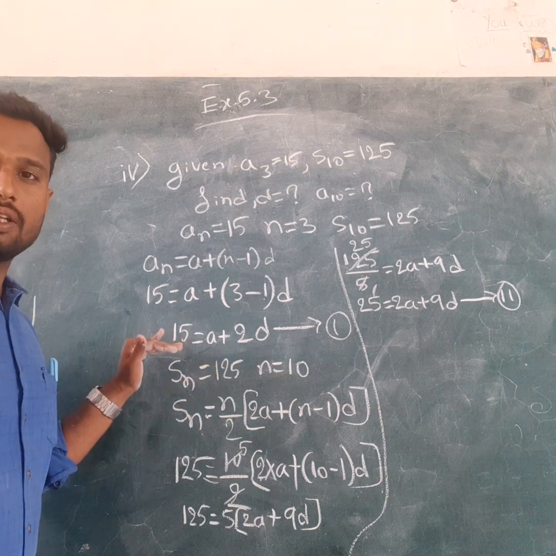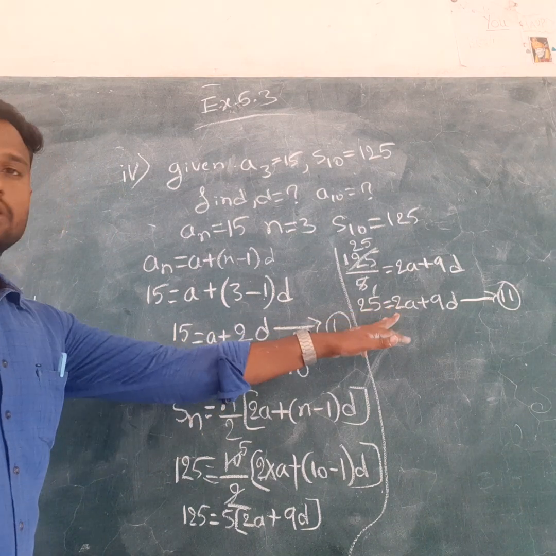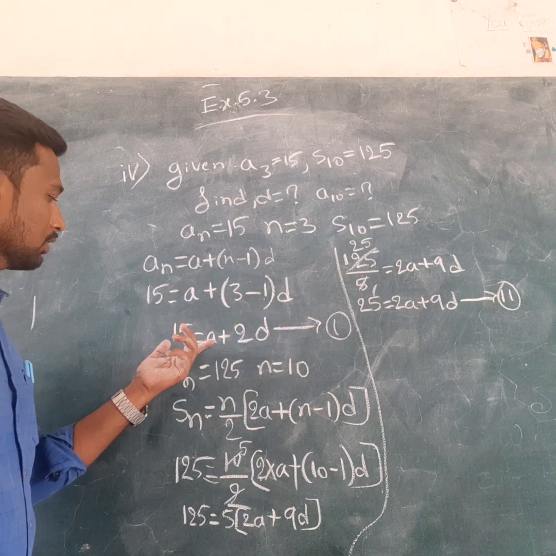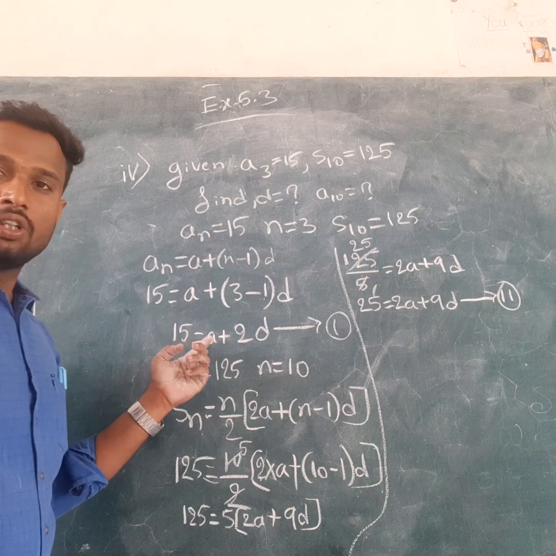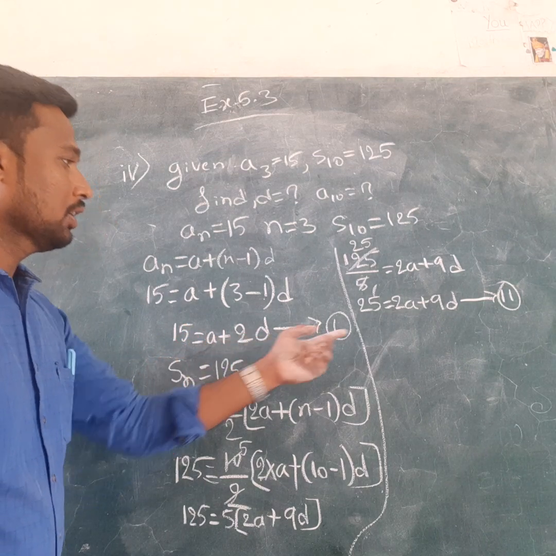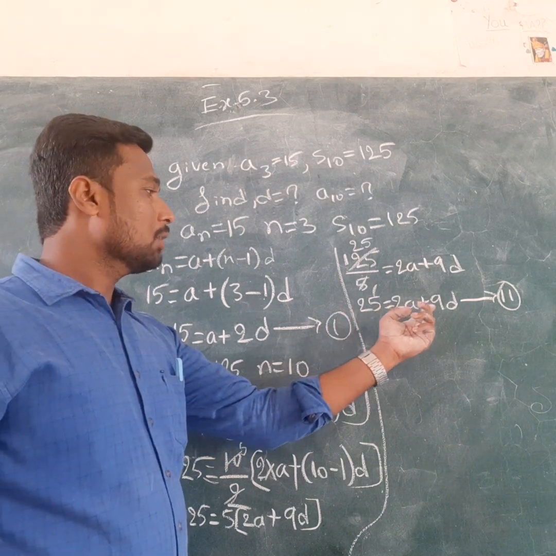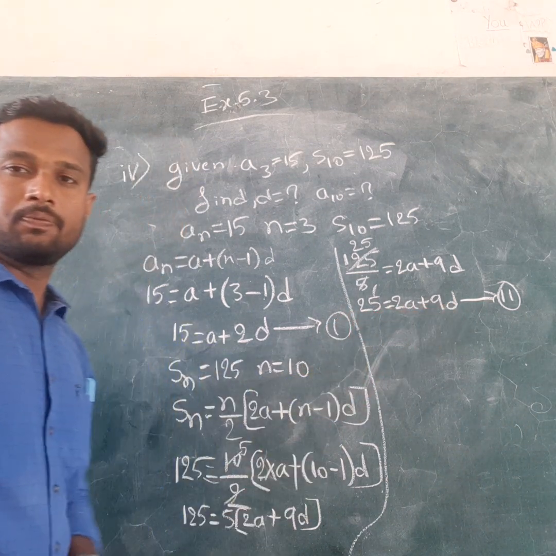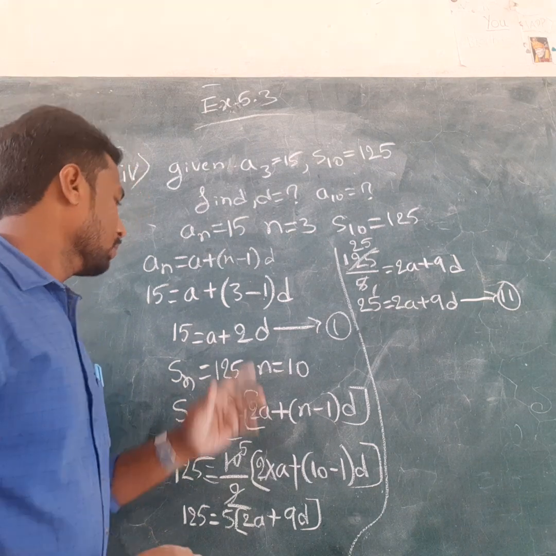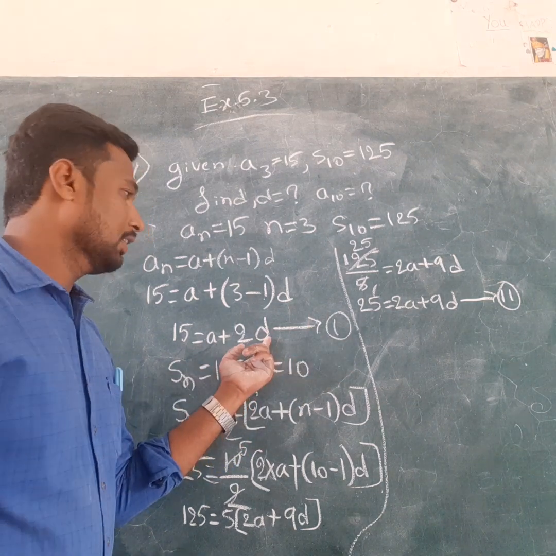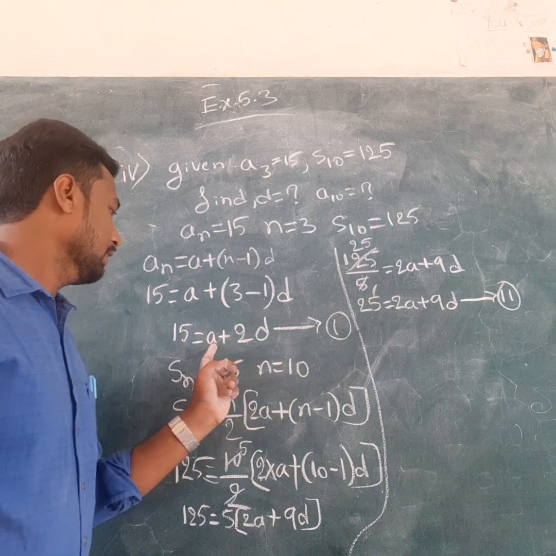Now I will compare equation 1 with equation 2. Equation 1 is 15 is equal to a plus 2d, and equation 2 is 25 is equal to 2a plus 9d. What can I do to get the value of d? Here it is 2a, here it is a.